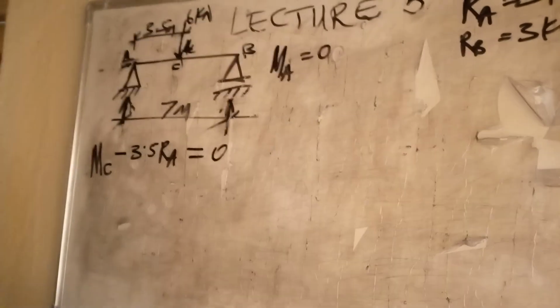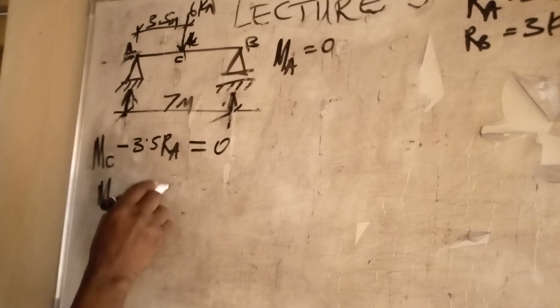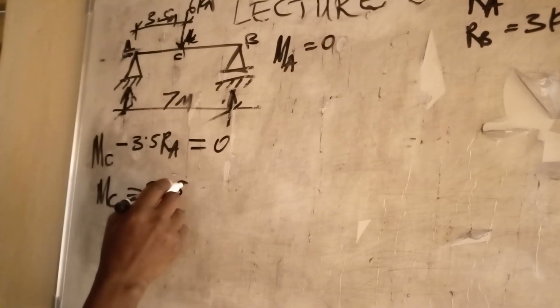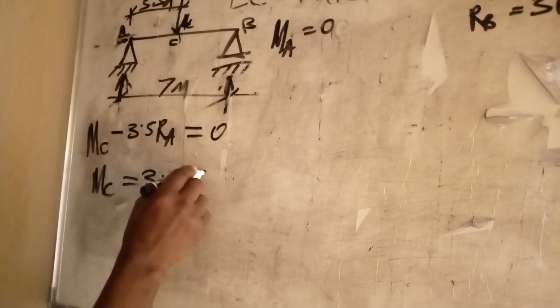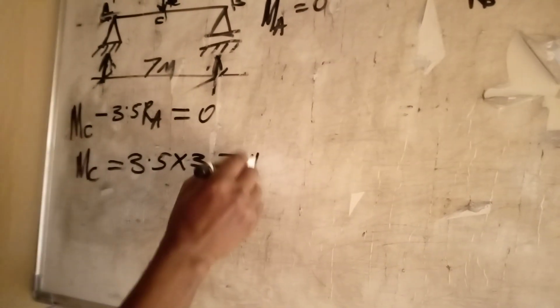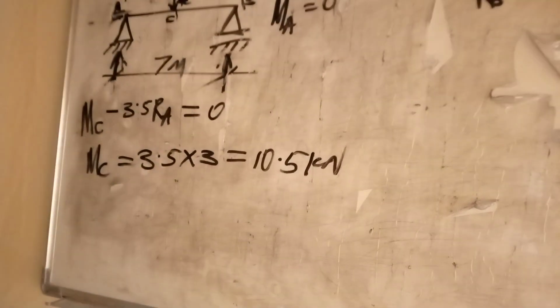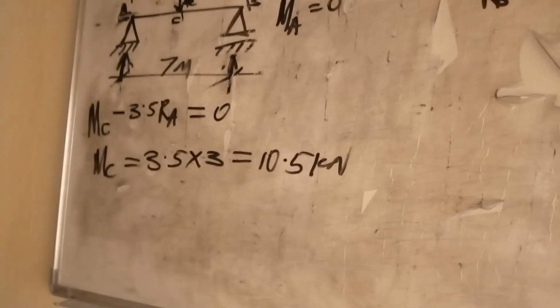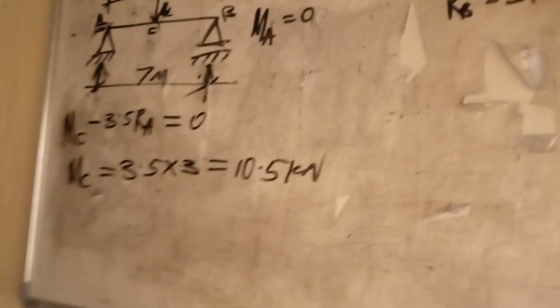So I have that MC is equal to 3.5 RA. And we know RA to be 3, so that's 3.5 times 3, which is equal to 10.5 kilonewton-metres. MC is equal to 10.5.